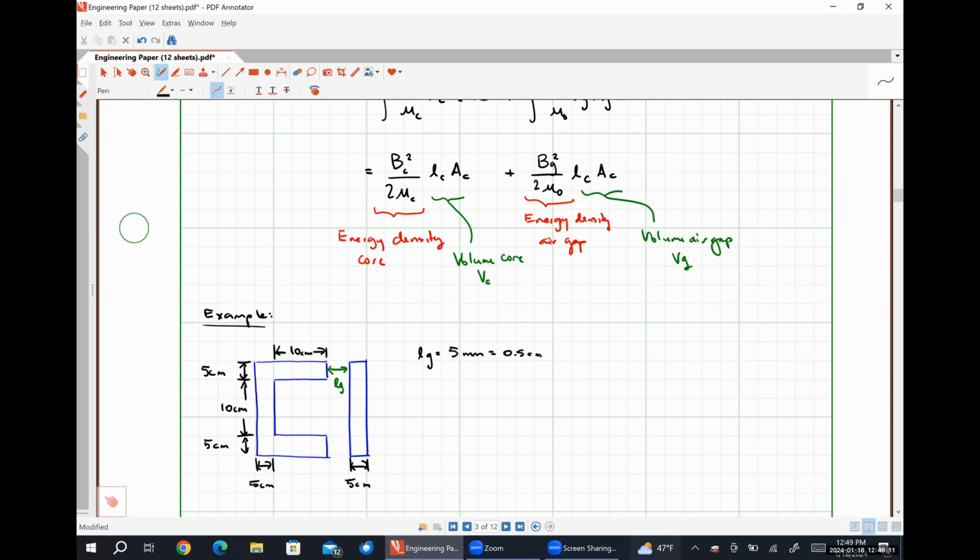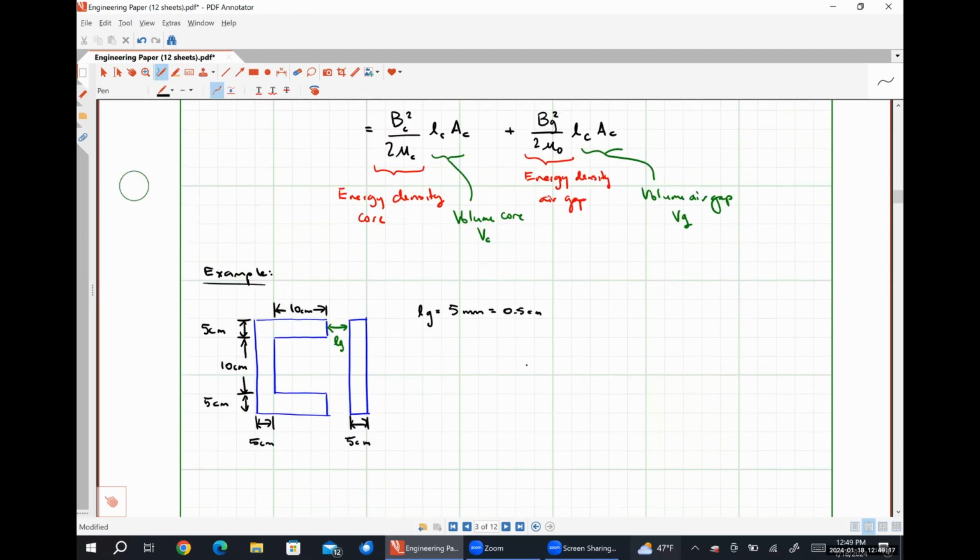So what should the cross-sectional area, oh, and let's say that the thickness is also 5 centimeters. So what should the area of my air gap be?